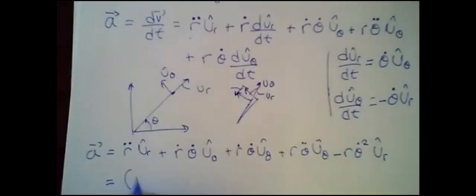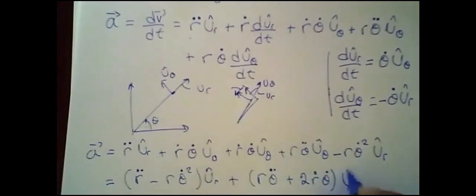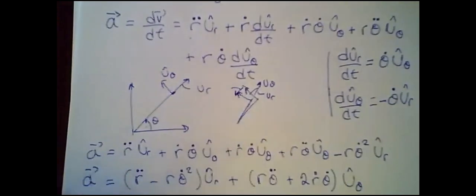So I can put the UR alone. I'm going to end up with R double dot minus R theta prime squared along UR, and along U theta, I'm going to have R theta double dot plus 2 R prime theta prime. So this is the actual magnitude of your acceleration vector.